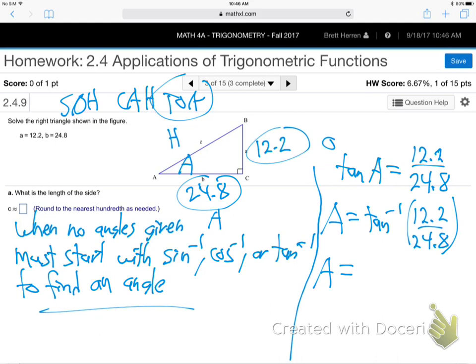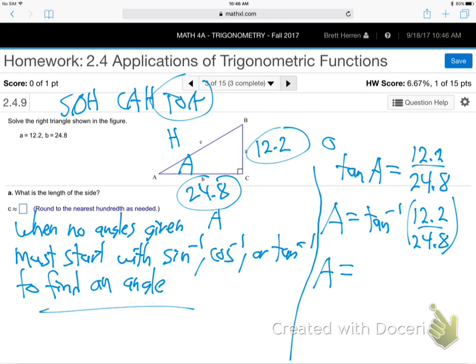Anybody got it? Isn't it degrees if it's inside the triangle? Well, remember, this is an answer, and what's going to come out is an angle. So I want what comes out, the angle, to be in degrees. Can you check that real quick? So 12.2 divided by 24.8, and then inverse tan.